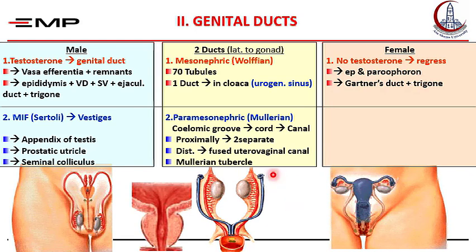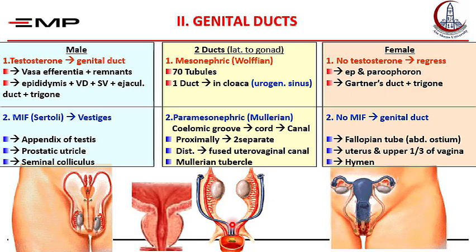How about the paramesonephric duct system here? It will give the genital duct or the internal genitalia of the female. What would it give? These free portions here, the proximal parts of the paramesonephric ducts, will make the fallopian tubes.